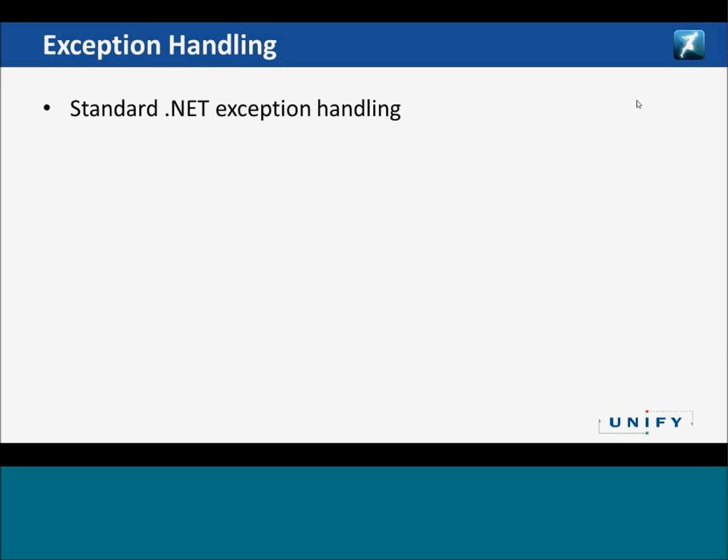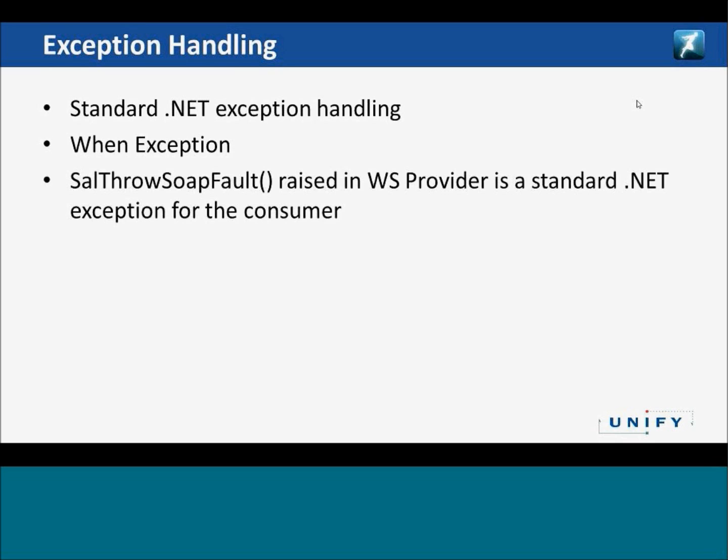So it's standard .NET exception handling using the when exception statement. And in the web service provider, there is a method called SalThrowSoapFault, which can be used to raise an exception, and this will then be thrown to the client, and the client can react on that SalThrowSoapFault.